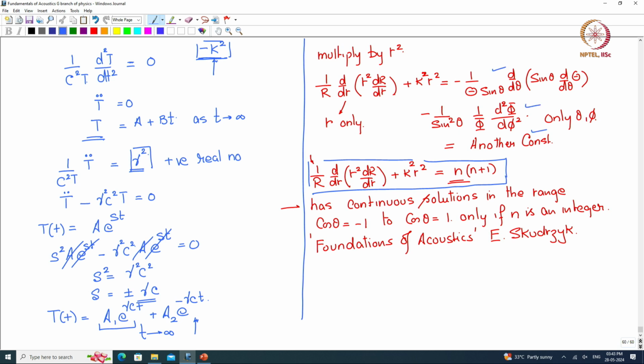So that equation becomes, next, minus 1 by theta sine theta d by d theta sine theta d by d theta, minus 1 by phi sine square theta d2 phi by d phi square is equal to n into n plus 1.